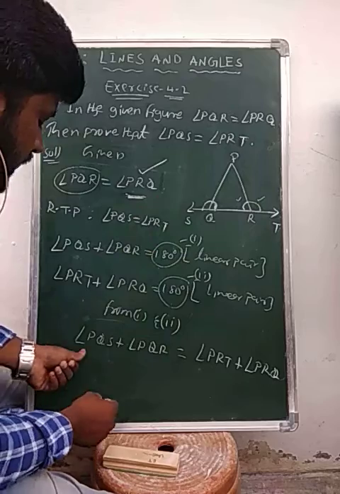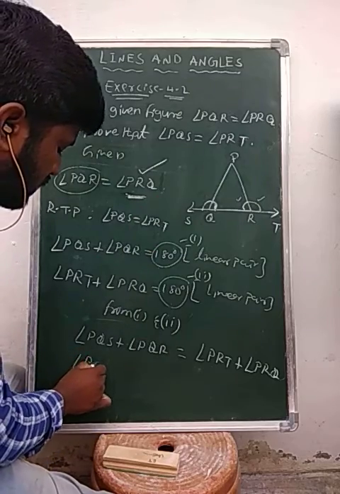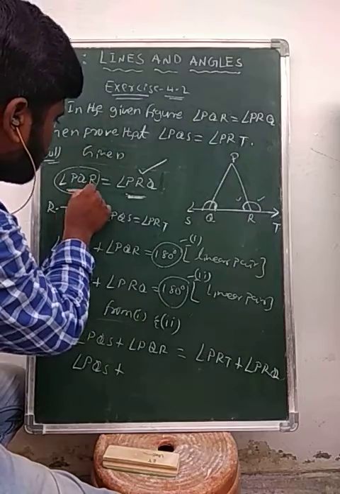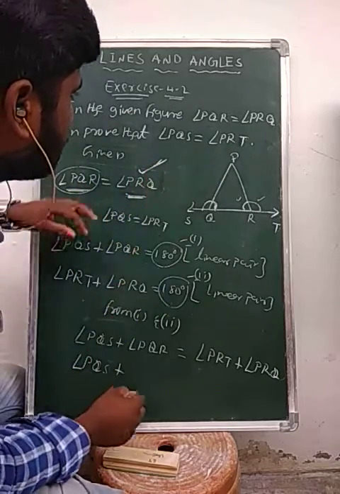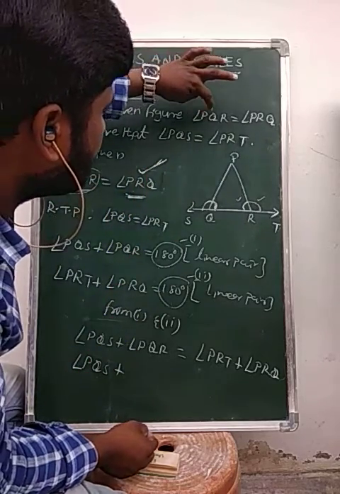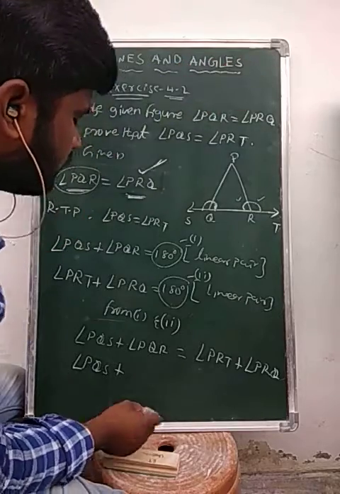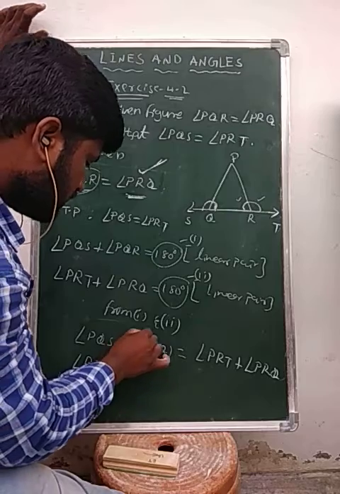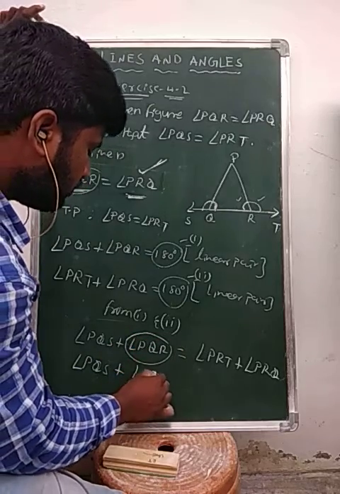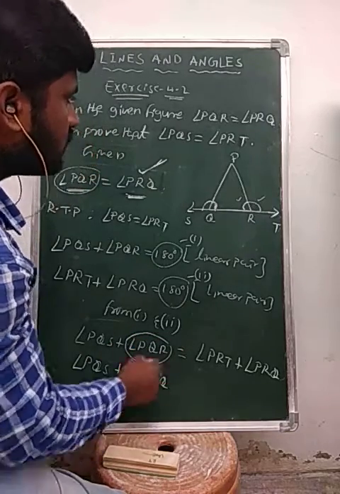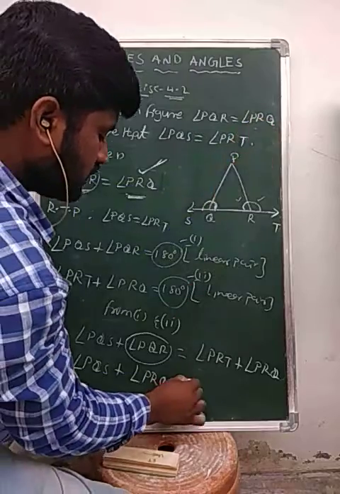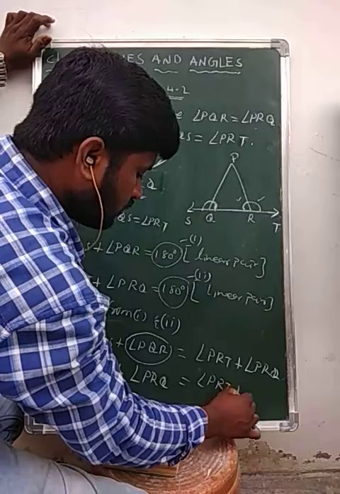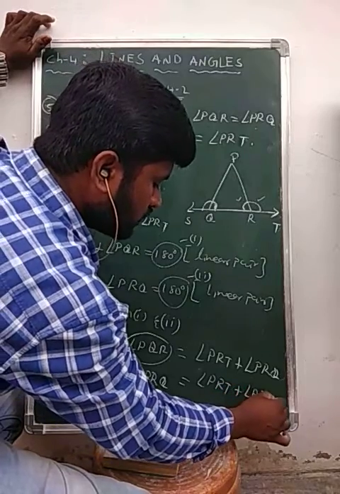This is given. So angle PQS only, plus in place of PQR I will write PRQ, because in the given data angle PQR is equal to PRQ. So in place of PQR, I'm writing PRQ. This one is equal to this side as usual, angle PRT plus angle PRQ.